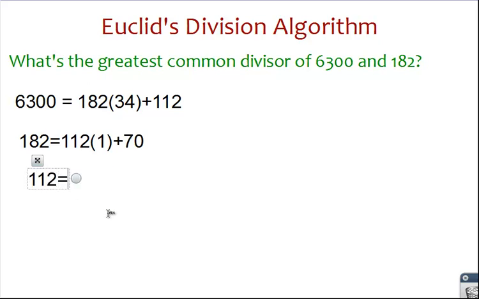112 is 70 times 1 plus 42. And again, for the same reason, the greatest common divisor of 6,300 and 182 is a factor of 112, but because it's a factor of these two, it's a factor of 70, but because it's a factor of 70, it's a factor of 42, and so on.